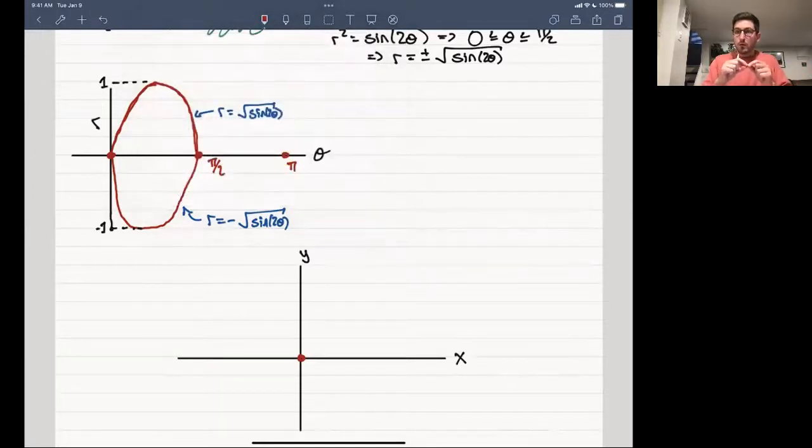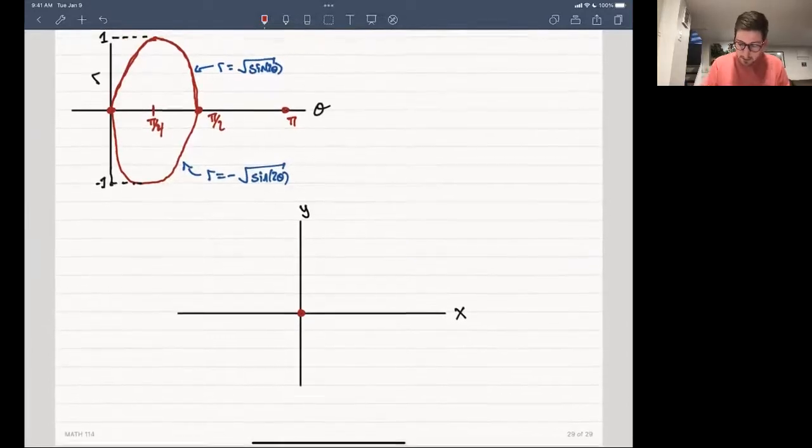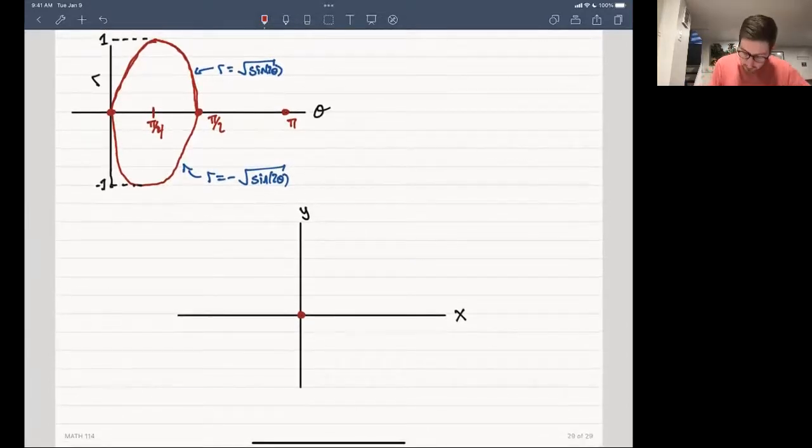Okay, so what happens to r? R comes off of 0, gets far away at pi over 4, right in the middle. And then at pi over 4, the radius starts decreasing again. And so what does that mean in the Cartesian plane? It means you start at 0 and you blow off of 0 and you get your maximal distance away when you're at a 45-degree angle here.